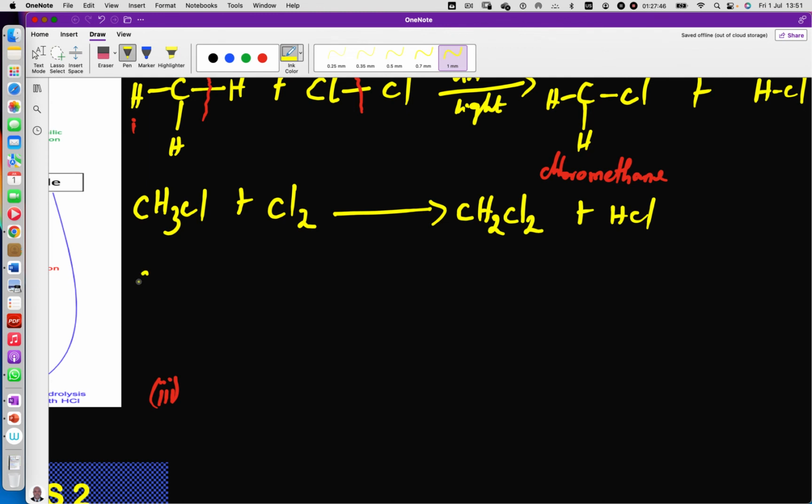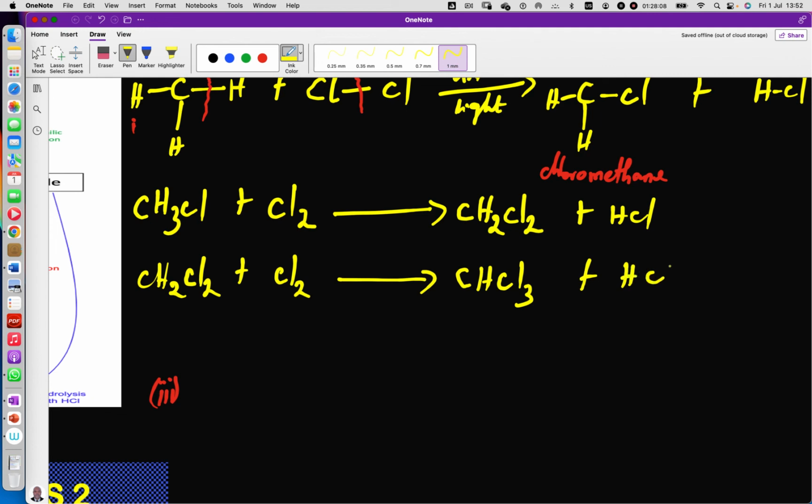It will be CH2Cl2 plus chlorine. And what happens? There's a breakage here. It's also one of the chlorines here. So it will be only CH, and the number of chlorines has increased, which will be Cl3, plus hydrogen chloride.